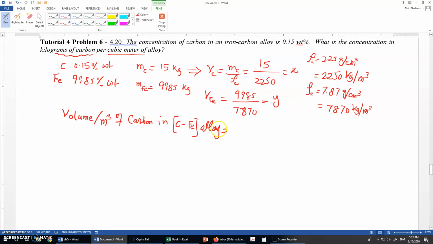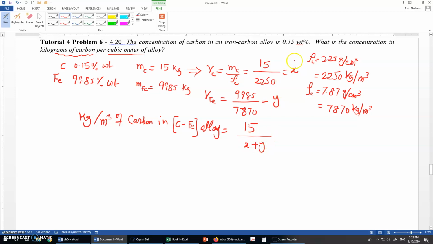So that will be equal to, it should not be volume per cubic meter, it should be weight per cubic meter, kilogram per cubic meter. Okay, so we have the kilograms of carbon as 15, and what is the cubic meter? The cubic meter is this total volume x plus y.